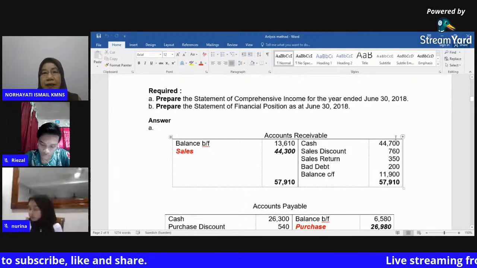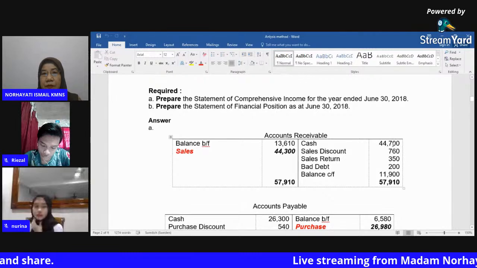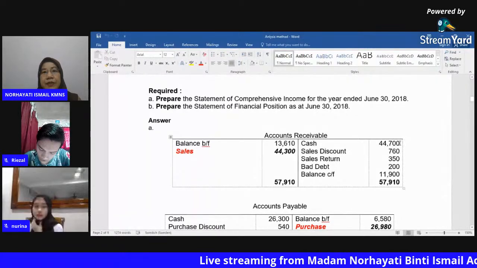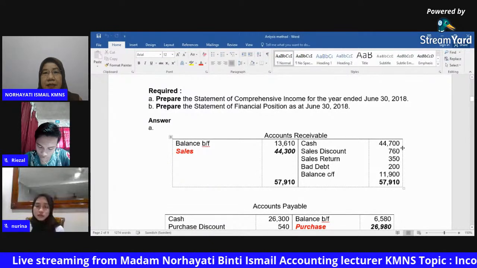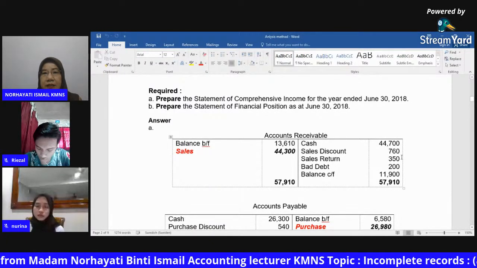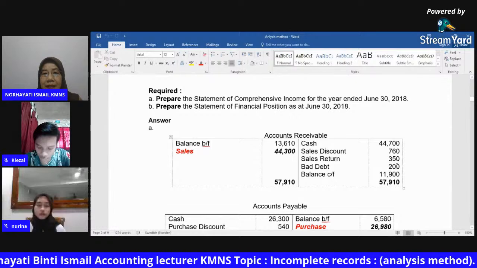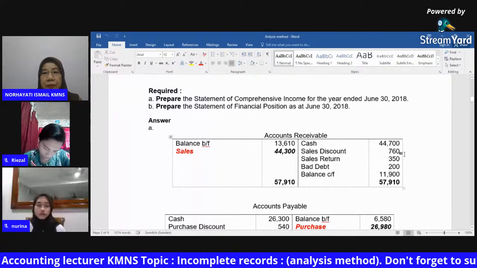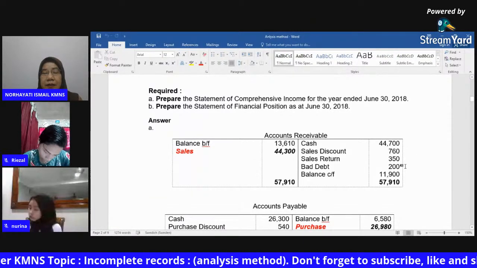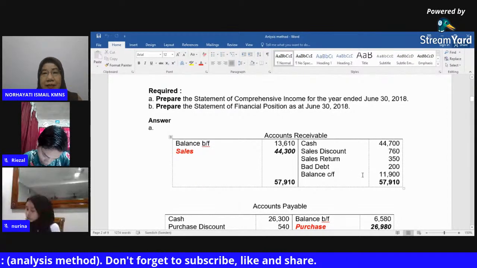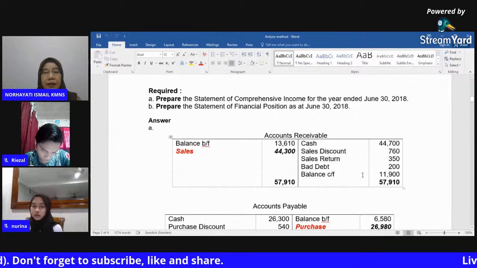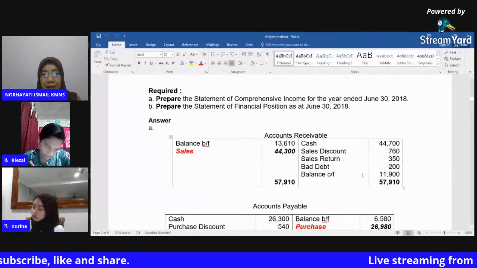This one you get the information from the cash book: we receive cash from account receivable. Sales discount, sales return, and bad debts, we get the information from the additional information. And the last one, balance carried forward, is given in the ending balance.